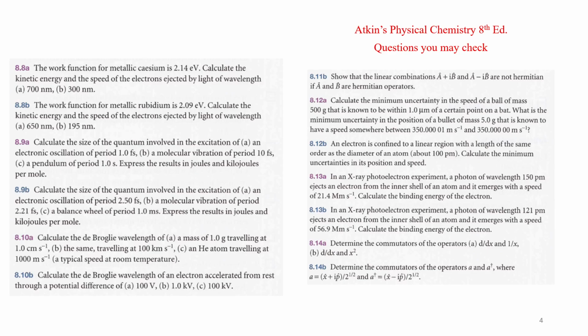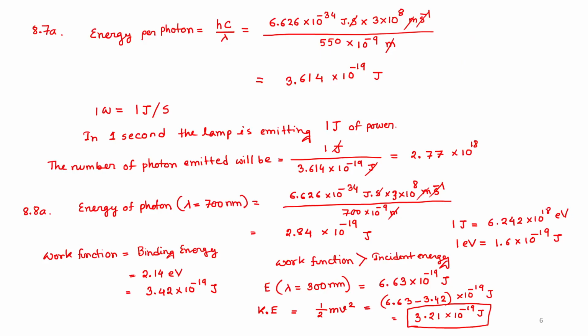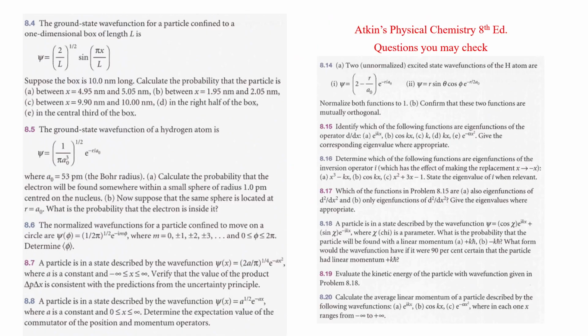Often we make a mistake: if someone asks what the definition of Hermitian operators is, we say the operators whose eigenvalues are real are Hermitian operators. That is actually not true. So what is the definition of a Hermitian operator? The mathematical definition, I think it is 8.11b, right?